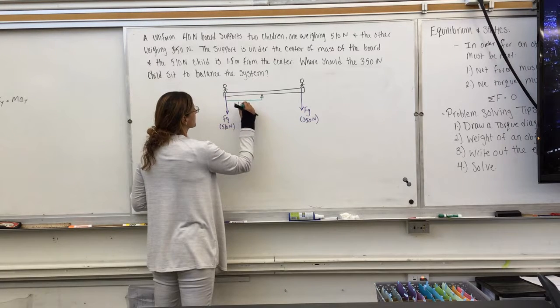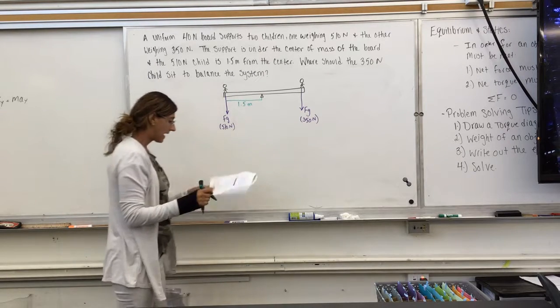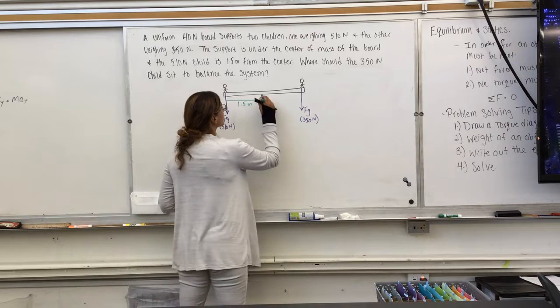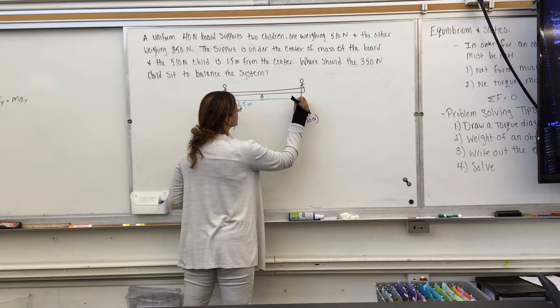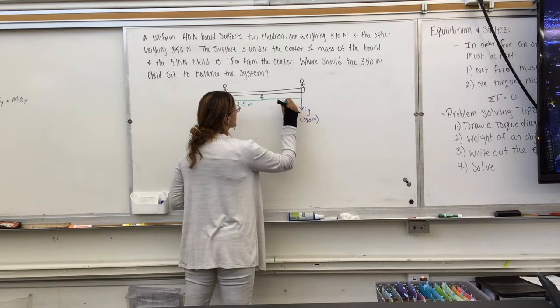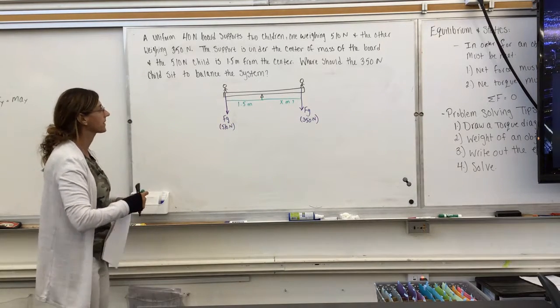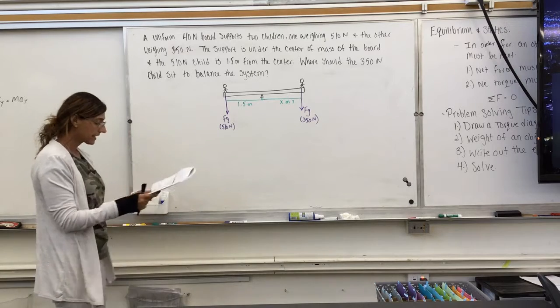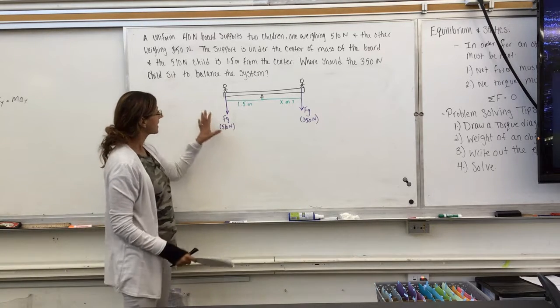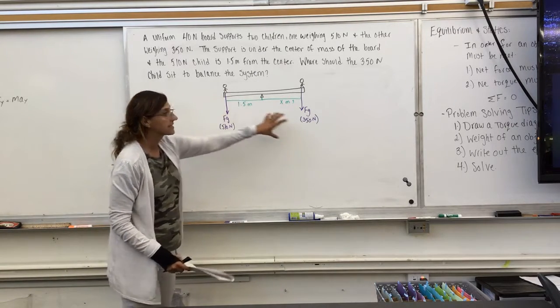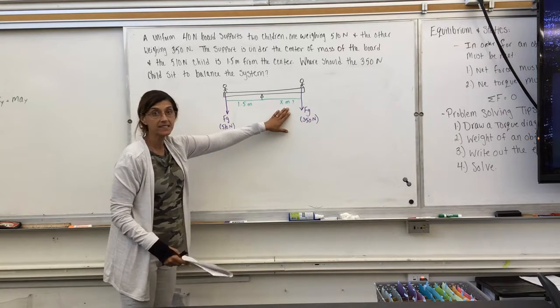So this distance is 1.5 meters. And the question is, what is the distance from the pivot to the second child? What is that distance? X meters. Okay, that's what I'm trying to find. So notice this is a torque diagram because it has both the forces and the distances.